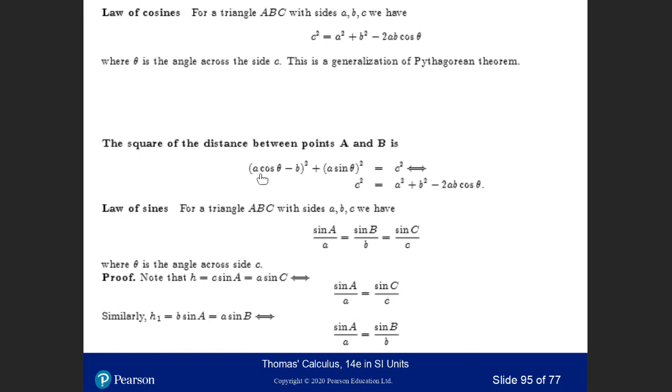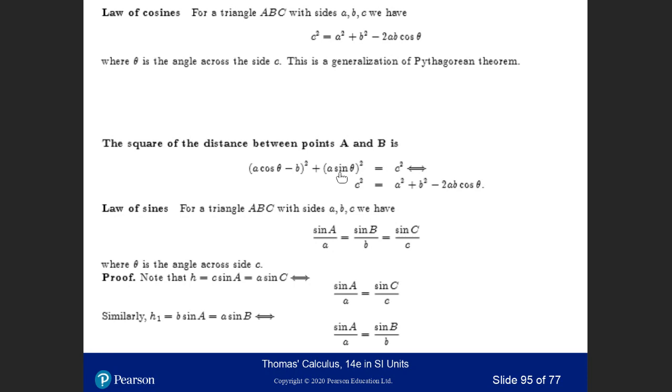Now that's the length of the side. And a sine theta is the vertical distance from the x-axis. So this is the Pythagorean theorem, basically. Now when you get the square on this side, you have a squared cosine squared theta, but you have here a squared sine squared theta.